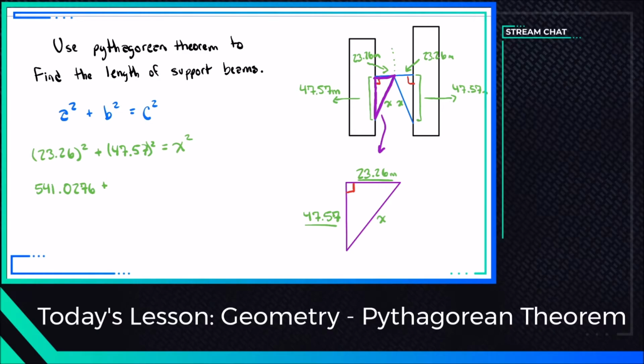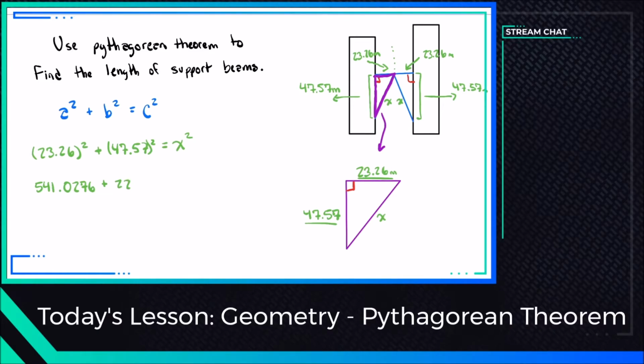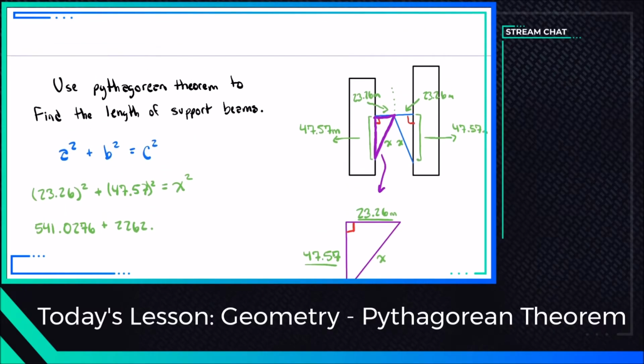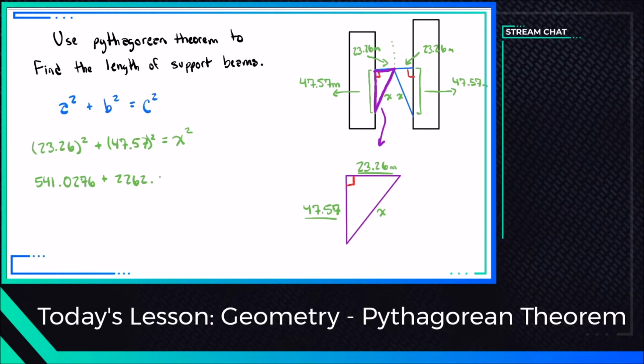And then 47.57 squared is going to be 2,262.9049. And that's going to be equal to x squared.